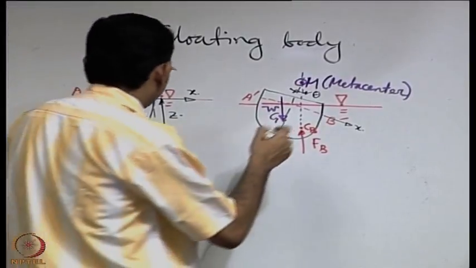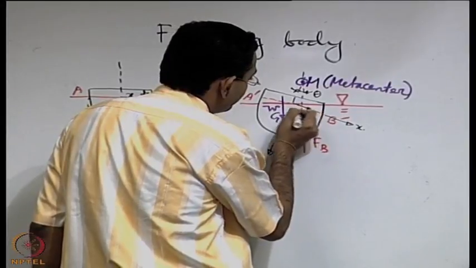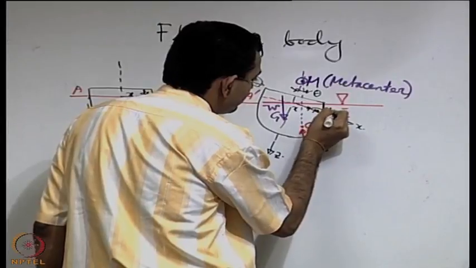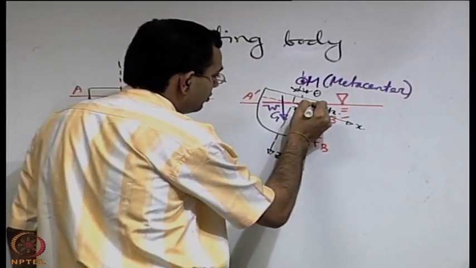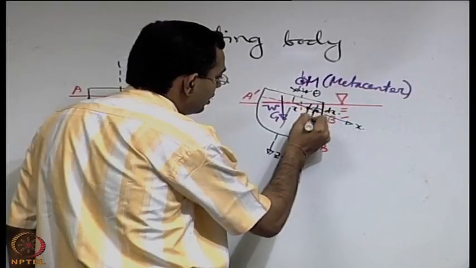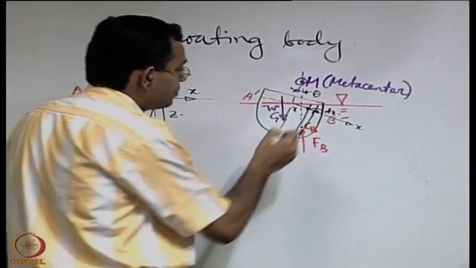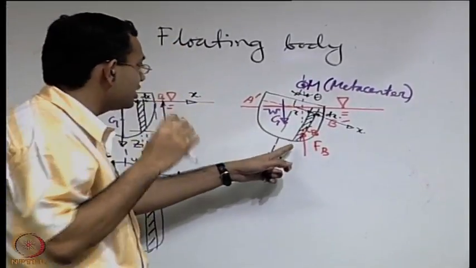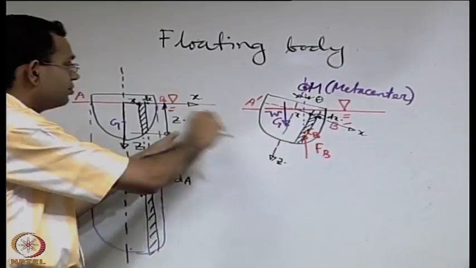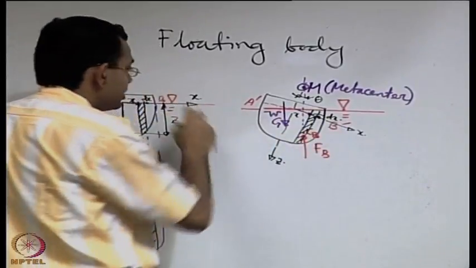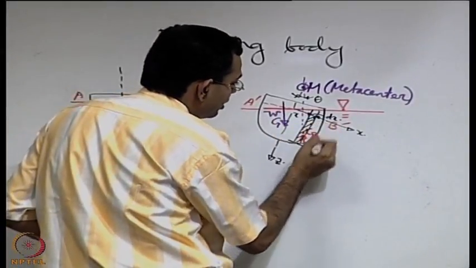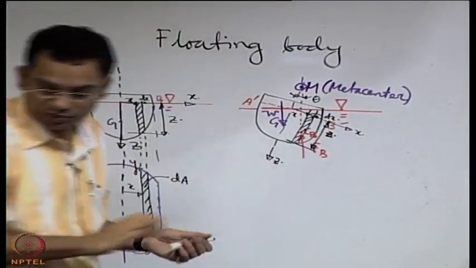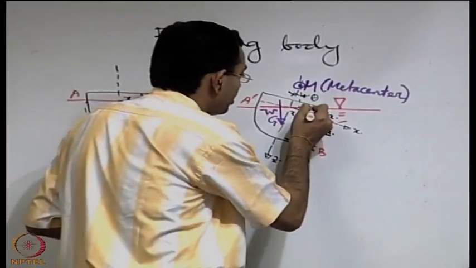So if you consider again, say at a distance x from here, some strip of width dx. Now if you consider the displaced volume, of course corresponding to this part it is z, same as this one, because it is the same axis that has got tilted. So if this is z, this displaced part is also z, but you have the additional displaced part, which maybe let us mark with a different color.